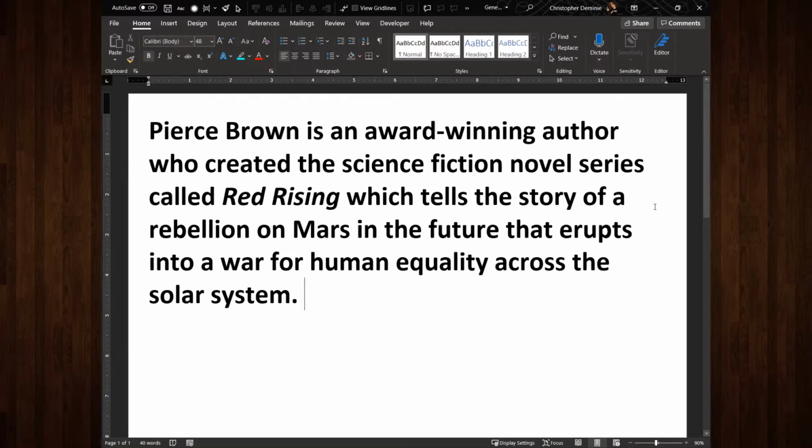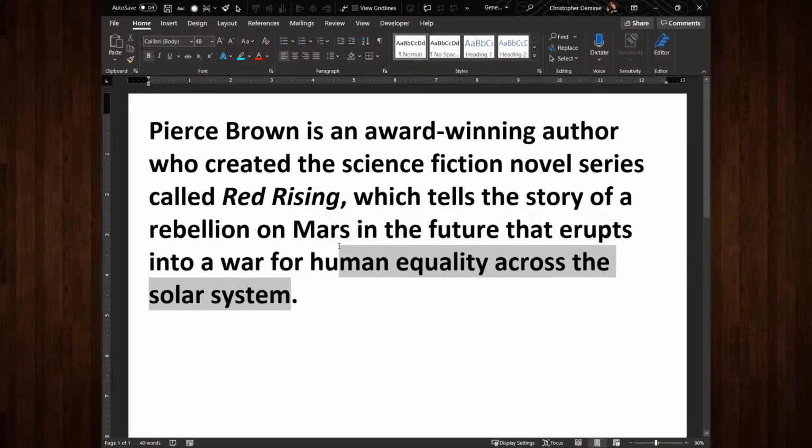So Pierce Brown is an award-winning author who created the science fiction novel series called Red Rising. I should put a comma there. Which tells the story of a rebellion on Mars in the future that erupts into a war for human equality across the solar system. I still don't like that sentence.